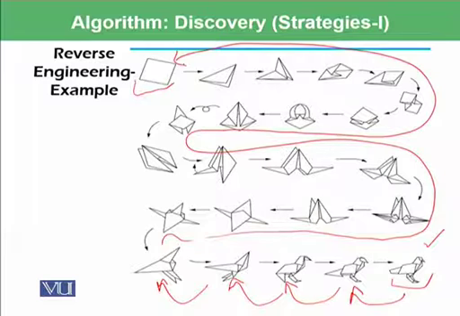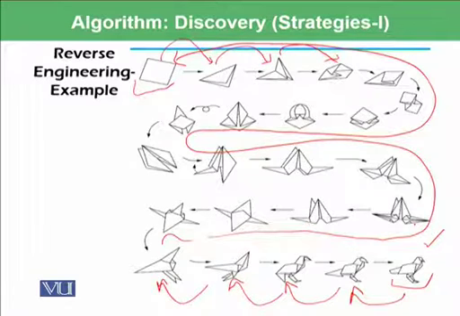You can reach over here, and then you can learn over a period of time what step was followed to make this into this thing, and so on. So this is basically one strategy of reverse engineering, and that is applicable when you know the exact output and the exact input, and you want to go from output to the input.